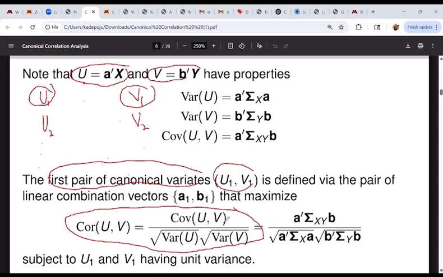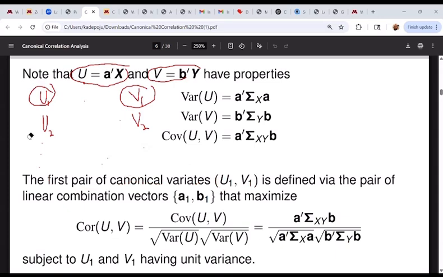And don't forget the covariance, this guy. In that case, we depend on A1 and B1. The variance of U also depends on A1, and this one is going to depend on B1.